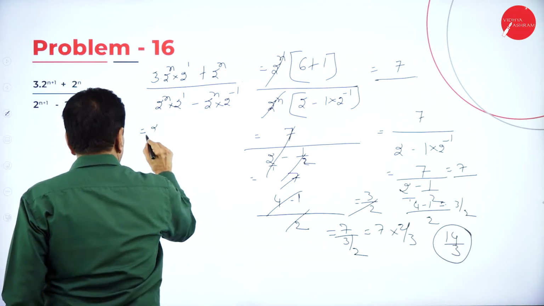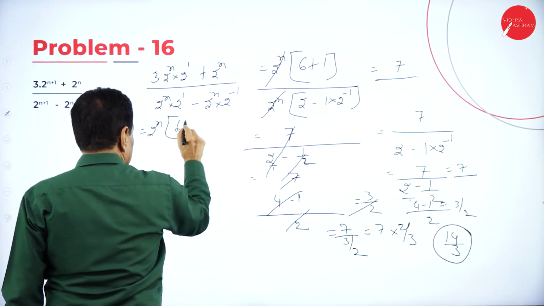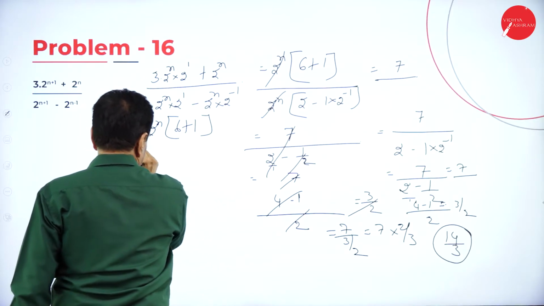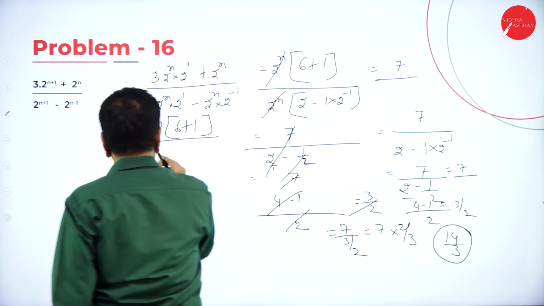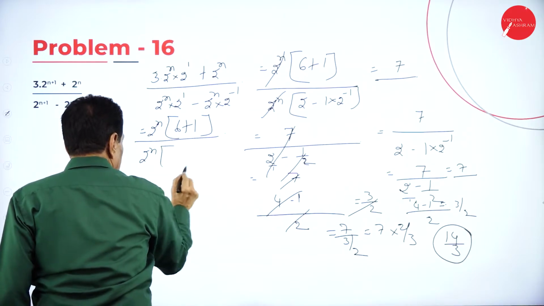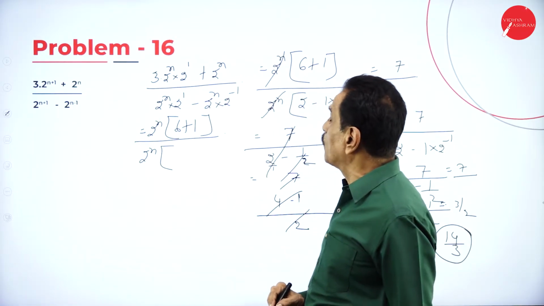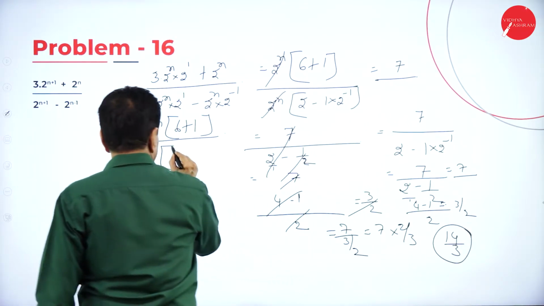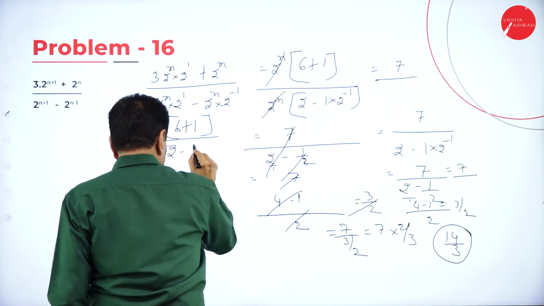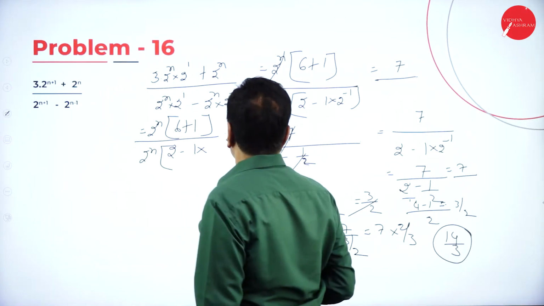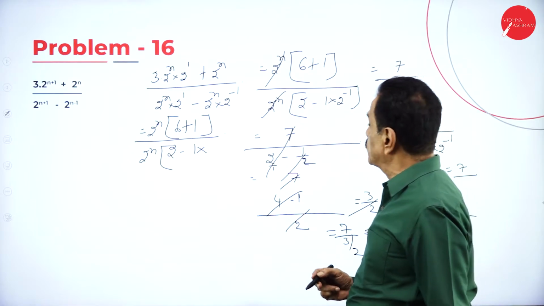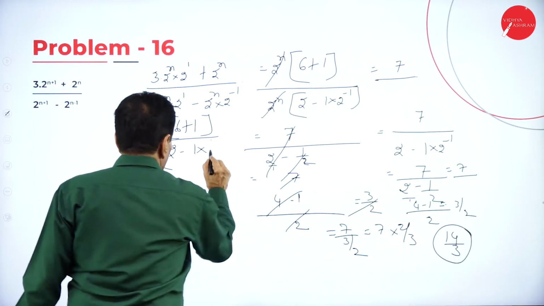This is 2 to the power of n. 6 plus 1, 7. Here 2 to the power of n. This is 2 to the power of 1 is 2 minus 1. What is 2 to the power of minus 1? This is 1 over 2.